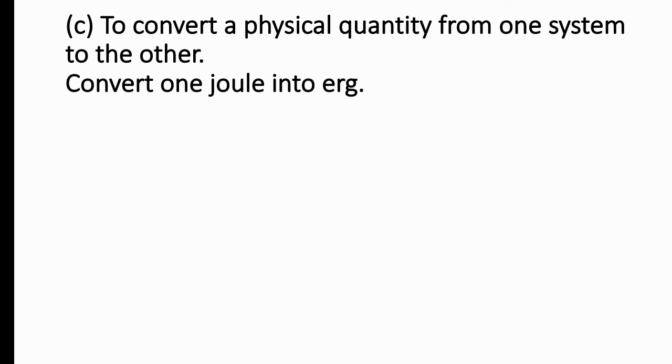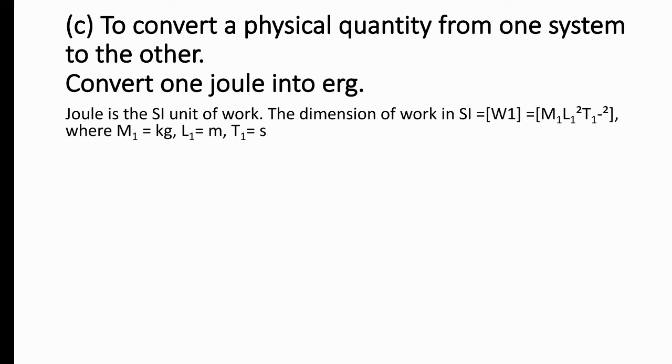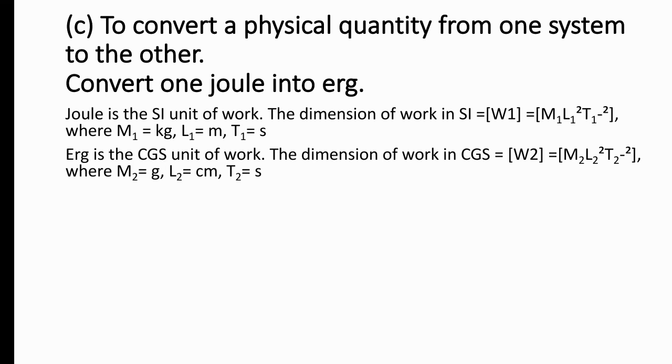Next, to convert a physical quantity from one system to the other. Here is your problem: convert 1 joule into erg. We know the joule is the SI unit of work. The dimensions of work in SI we can write as W1 equals M1 L1 squared T1 to the power minus 2, where M1 is mass in kg, L1 length in meter and T1 time in second. Next, erg is the CGS unit of work.